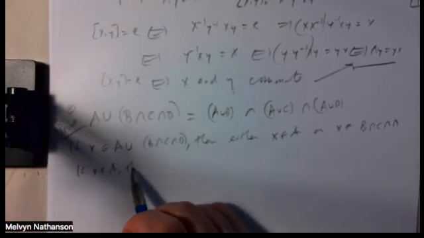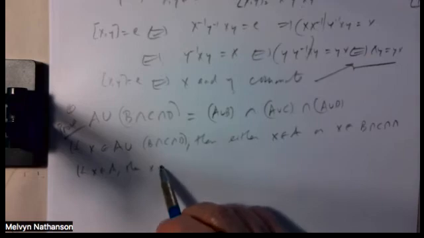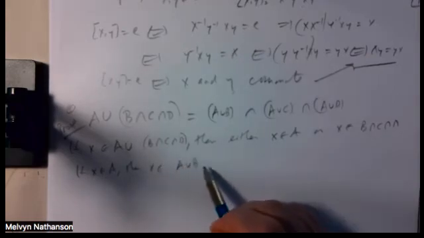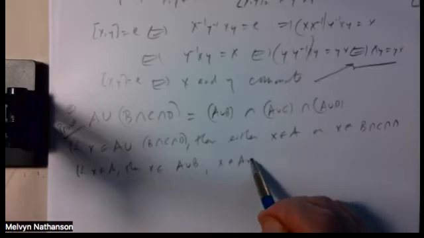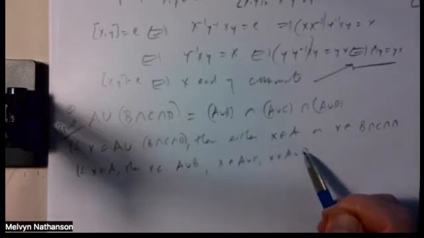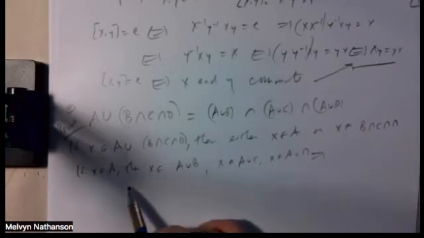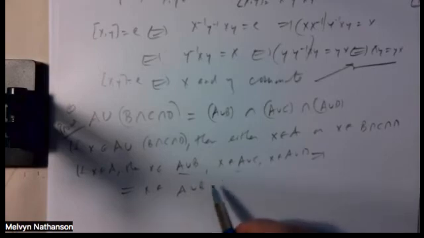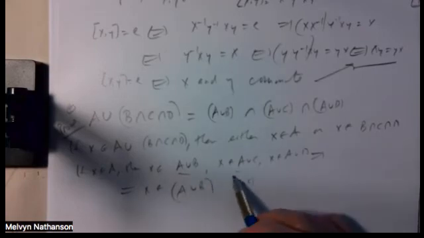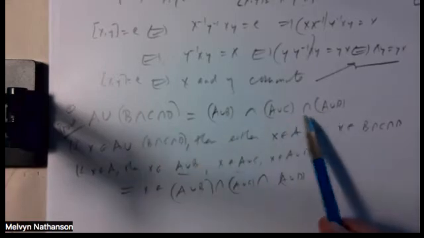If X is in A, then X is certainly in A union B, X is in A union C, X is in A union D. So if it's in all three of these sets, it's in their intersection. That's what I wanted to show. So in the first case, if X is in A, then that's true.